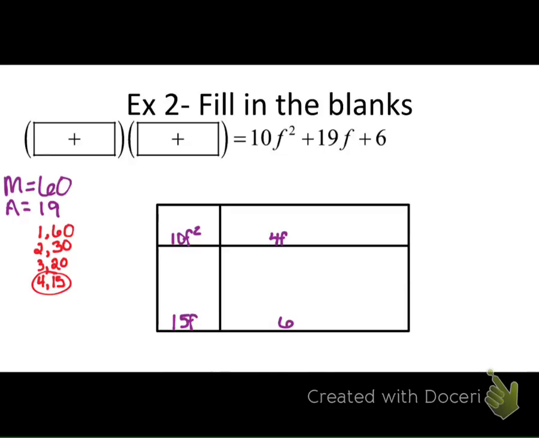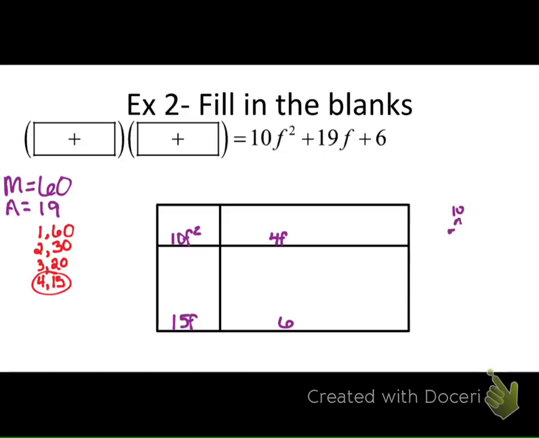Now I'm going to find my height for this top row up here. To find that, I can find the greatest common factor of 10f and 4f. So what is the biggest number that's going to go into 10 and that's going to go into 4? If you need help, you can always do your factor tree.